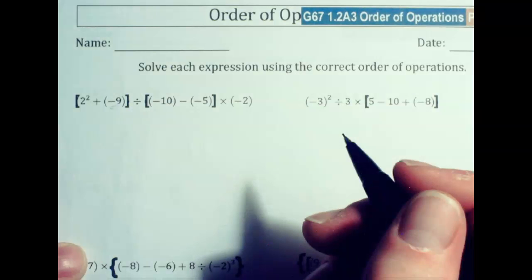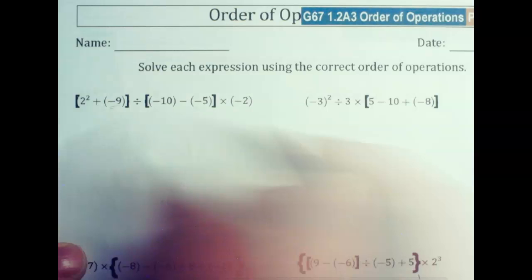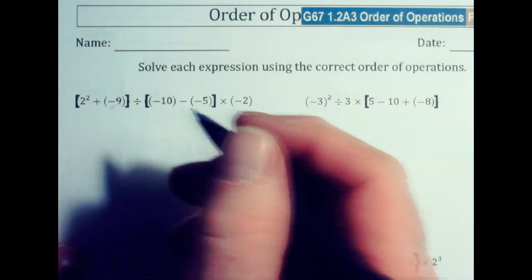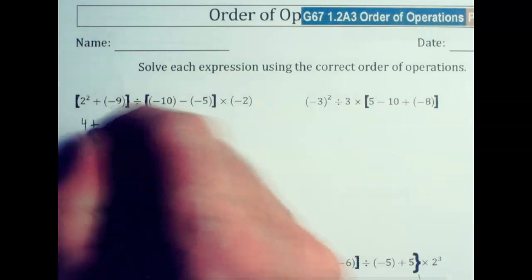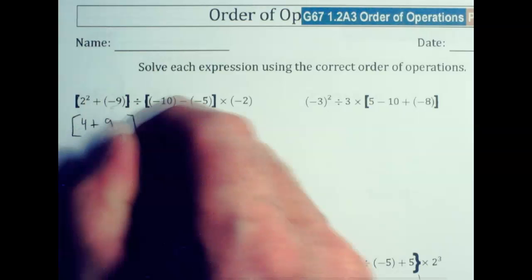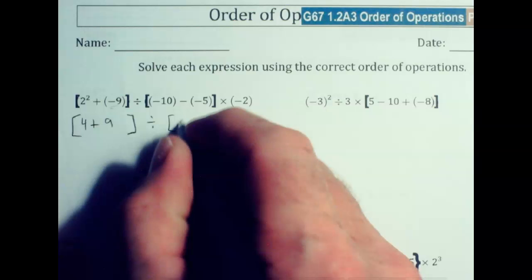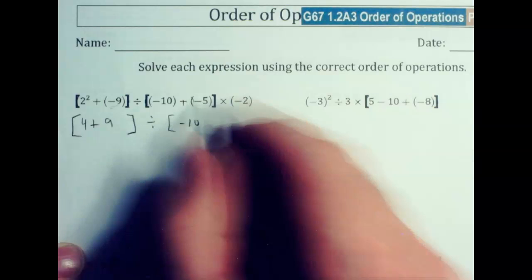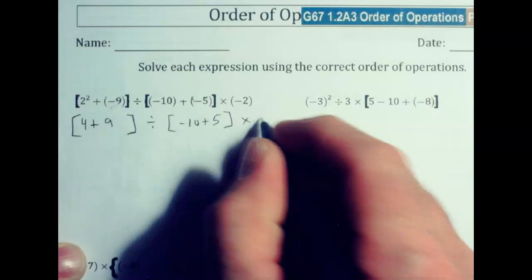So I'm going to go ahead and start with the first one, because it's got an exponent in it. So inside the brackets, I have to look and apply order of operations again, and I've got an exponent. So this is 4 plus 9, and that's divided by -10. Well, this is really going to be a double sign, -10 plus 5, and that's times -2.